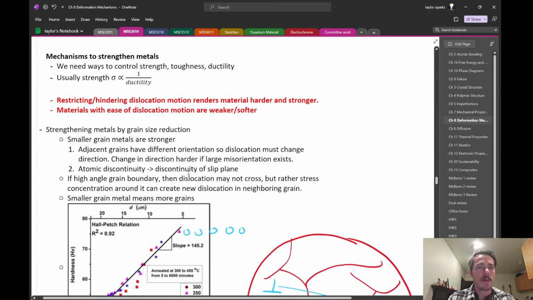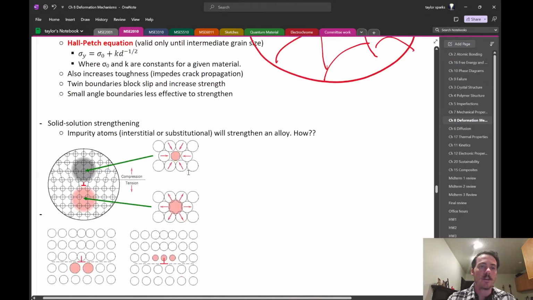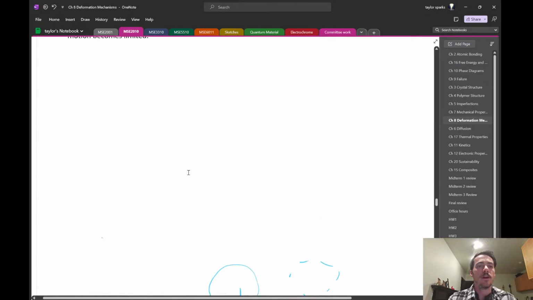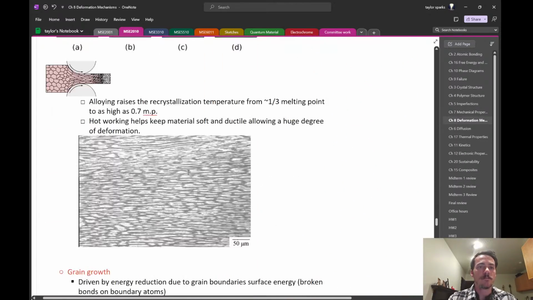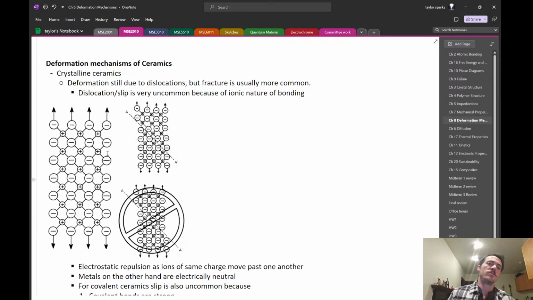When it gets down to metals, we talked about ways to strengthen metals, for example, grain size reduction and alloying. And then when we got eventually down to ceramics, we talked about why they just don't deform very easily. That's because they're made up of positive and negatively charged ions. If you go back to our scenario of a slip occurring, slip could still happen here. I could still imagine a highly packed plane and these atoms could slide past one another.